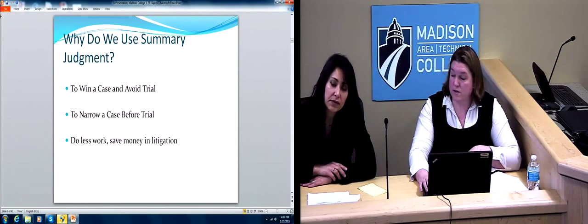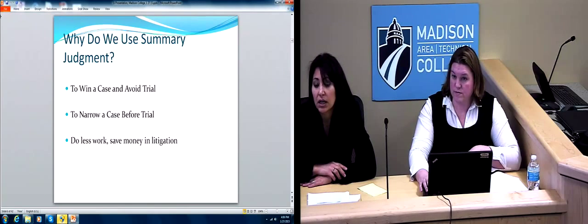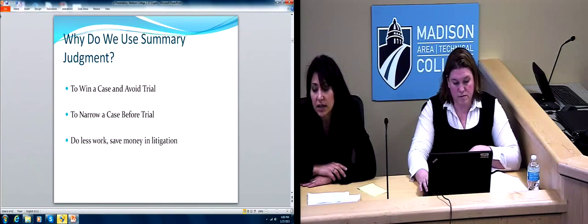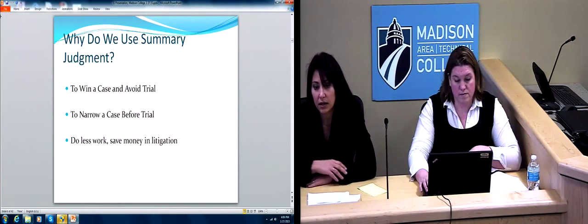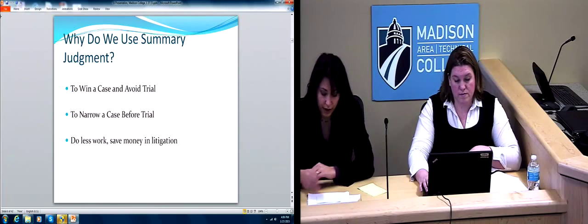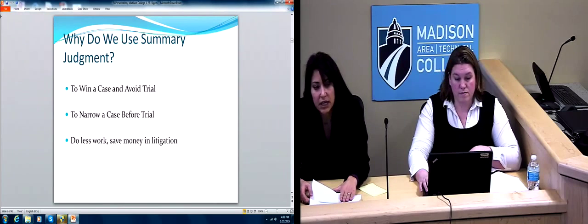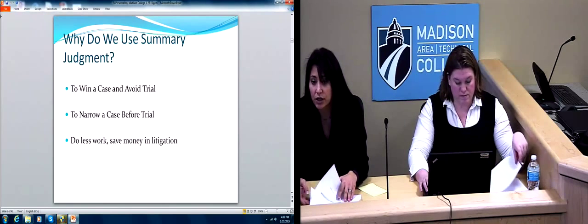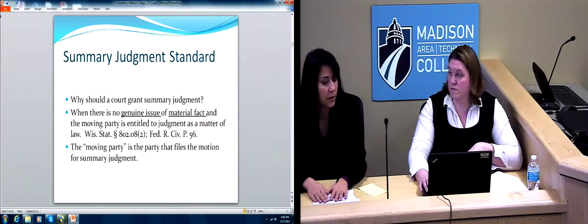Or if you're a plaintiff and you file for summary judgment on a claim and say, well, judge, based on the evidence that we have here, there's no way that the defendant can win. That claim might be decided, and then the claims are narrowed for trial. So the purpose of summary judgment in civil litigation basically is to do less work and save money. Those are things that everybody can understand.